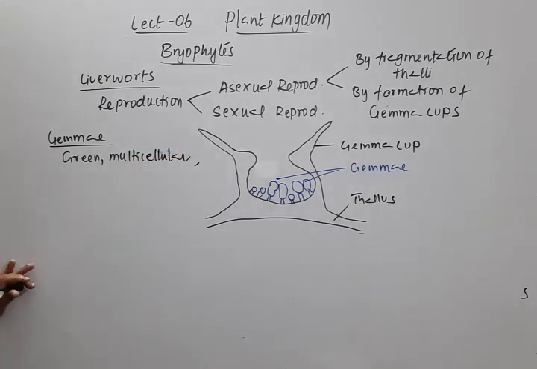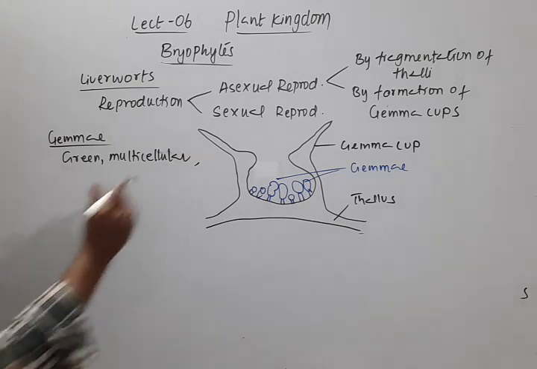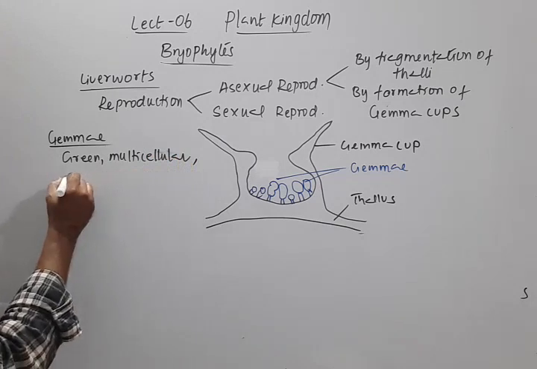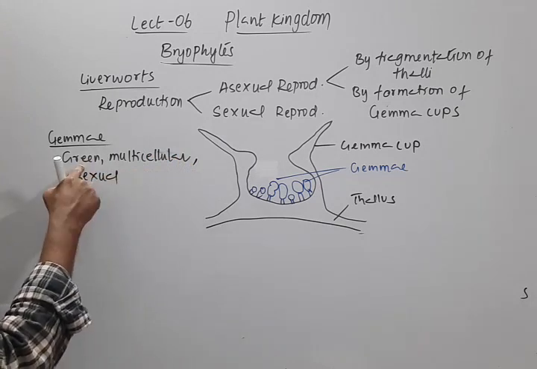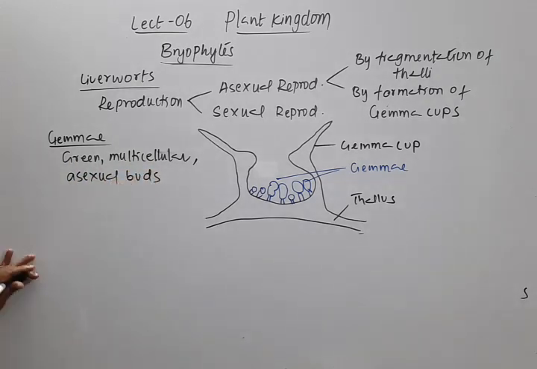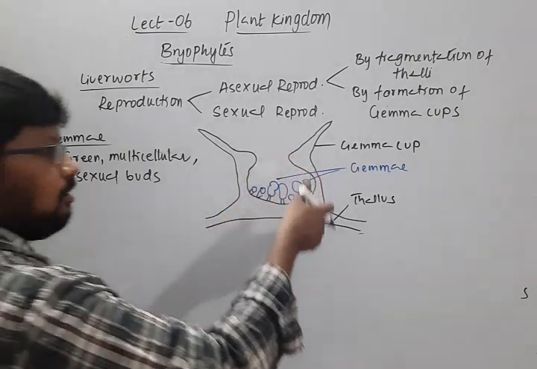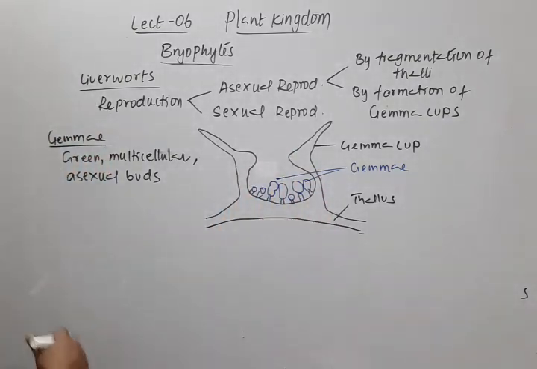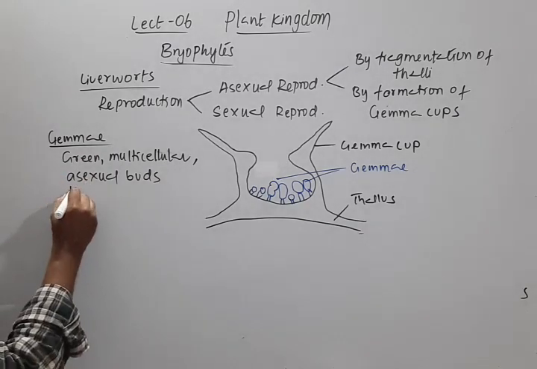They are multicellular and also buds, that is, asexual buds. So these are green multicellular asexual buds which develop in small receptacles called gemma cups, which are located on the thallus.